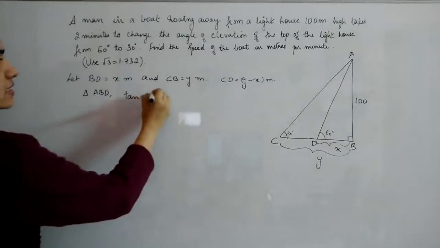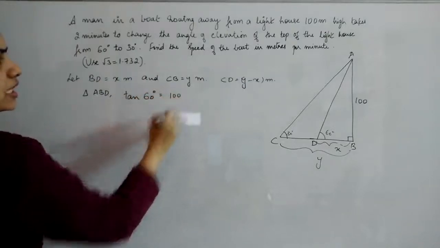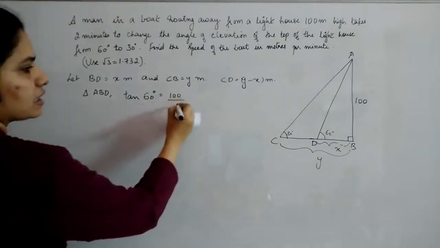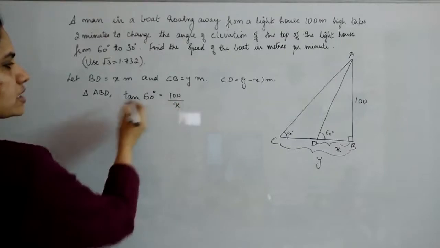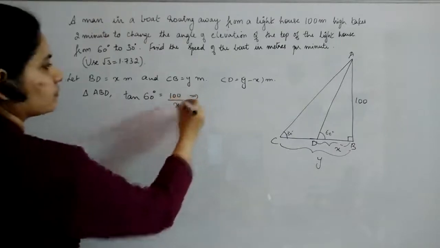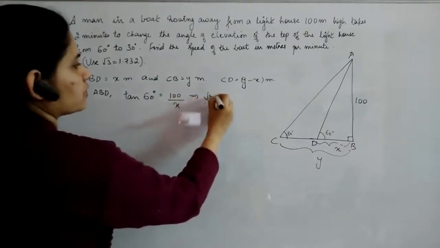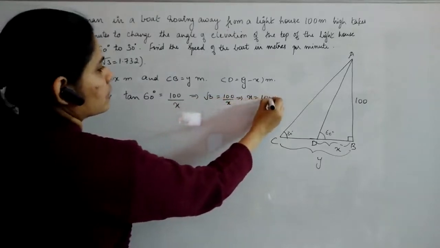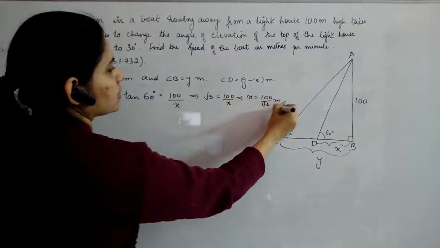Tan 60 degrees is AB by BD, and AB is 100, so 100 by x. Tan 60 is root 3. So root 3 is equal to 100 by x, or x is equal to 100 by root 3 meters.